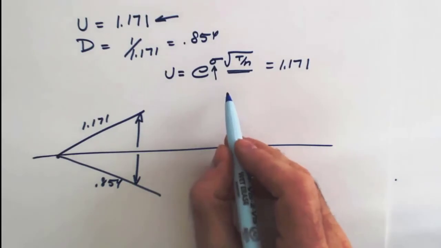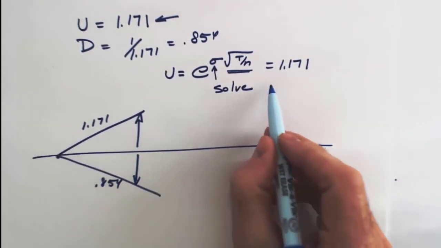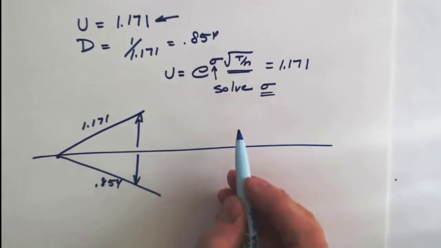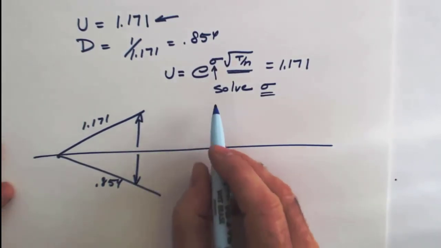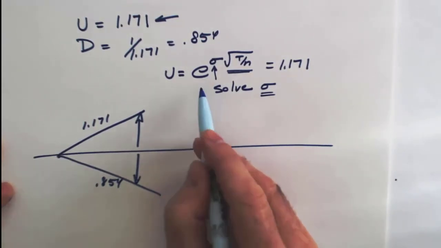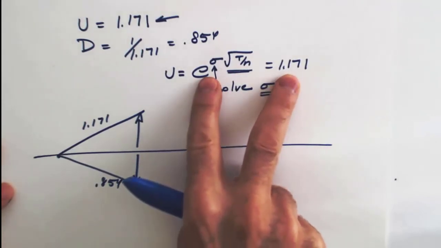And so if we solve this for sigma, then we can figure out what the underlying volatility is. And so that involves taking the natural log, as I told you earlier, that the inverse of e is the natural log. So take the natural log of both sides.